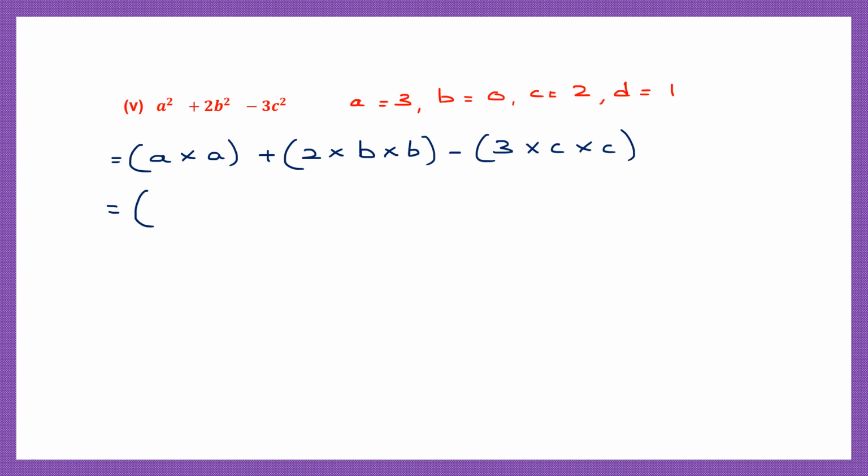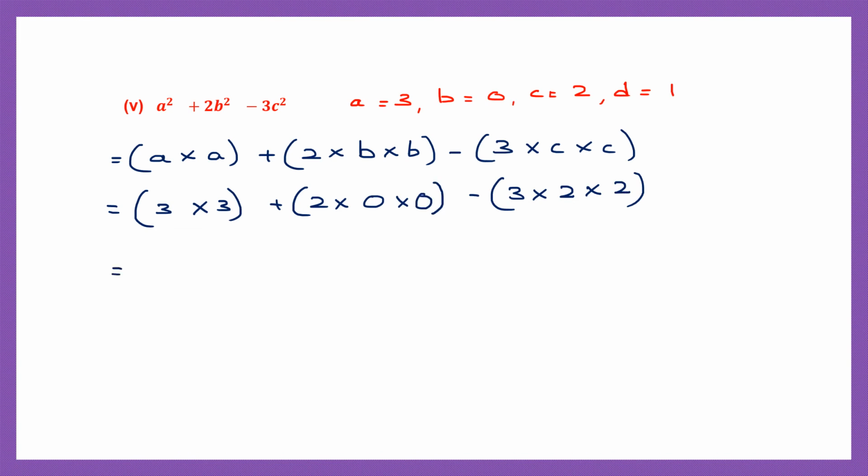A into A is 3 into 3 plus, now 2 into, how much is B? 0 into 0 minus, now 3 into C is 2 into 2. So that will be 3 threes are 9 plus 2 into 0 is 0 minus 3 twos are 6 and 6 twos are 12. So here we have 9 minus 12.